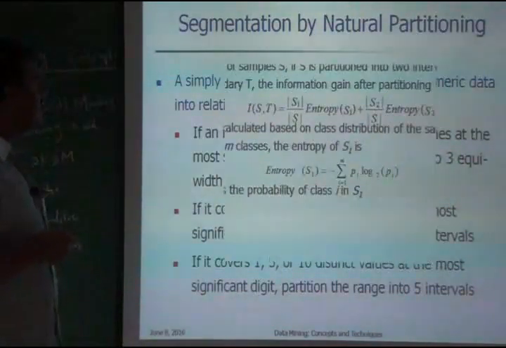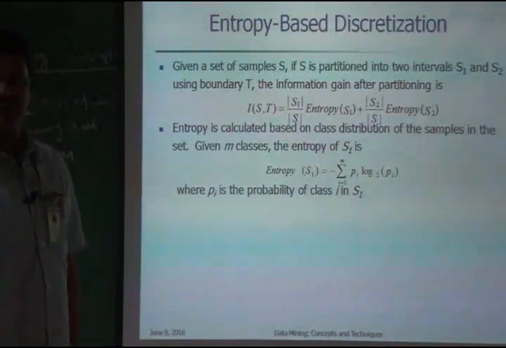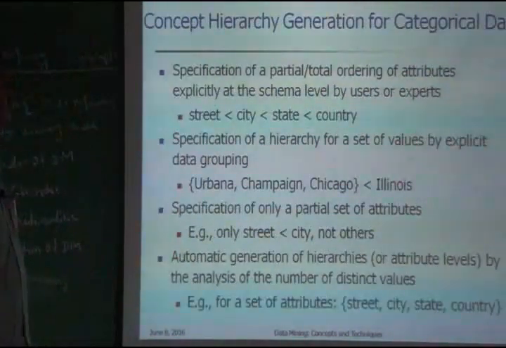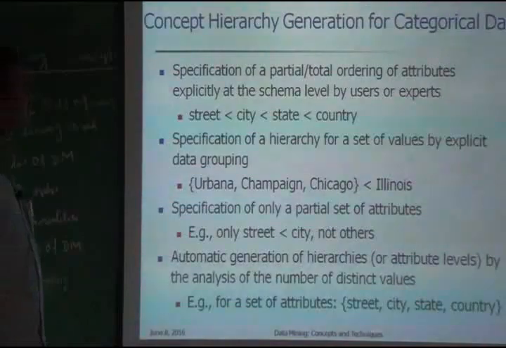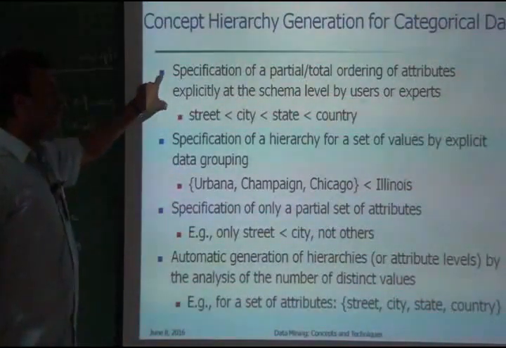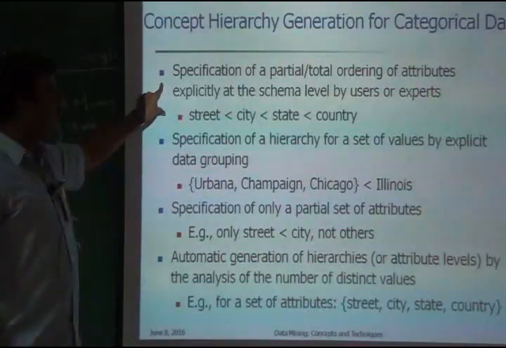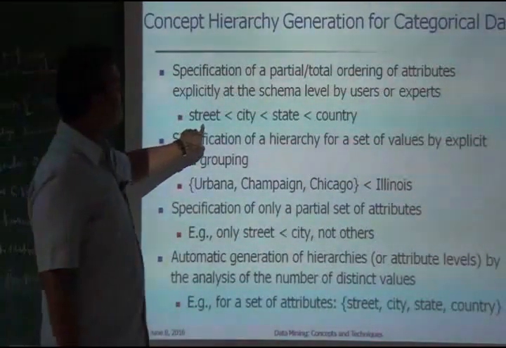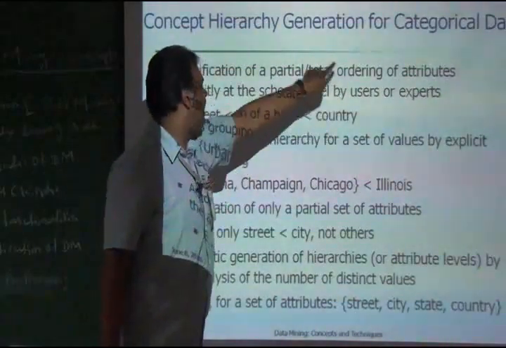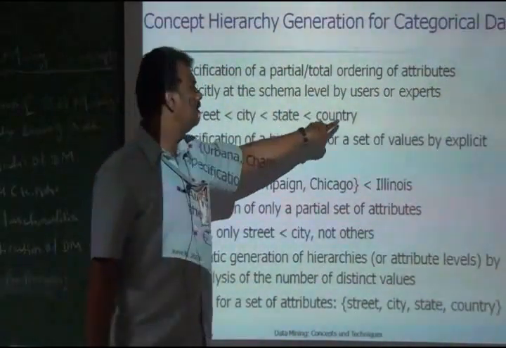Data discretization: what are the two types of data discretization? Entropy-based discretization, then segmentation by natural partitioning. Then the last one is concept hierarchy. What do we mean by concept hierarchy generation? The specification of the total or partial ordering of attributes.